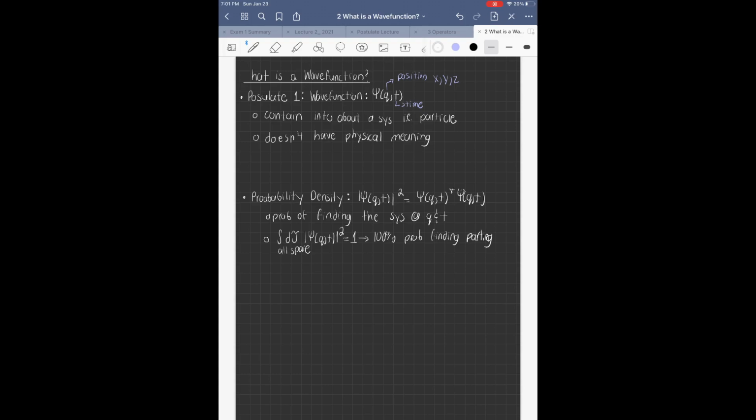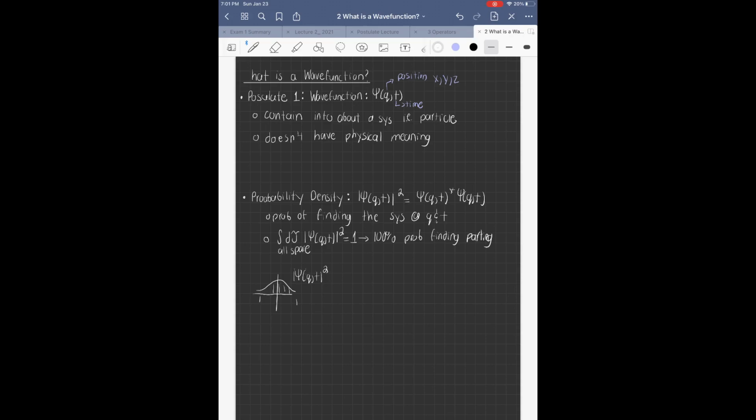Think about it like this: let me draw a picture here, a graph of the probability density. If I look over all space, I'm always going to find the particle no matter what. There's a 100% probability of it; that's what this 1 means.